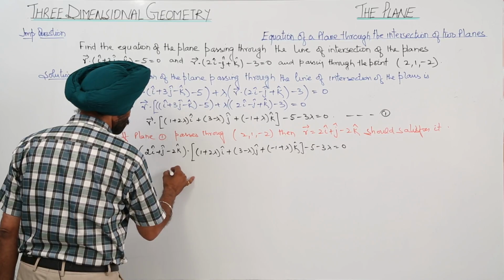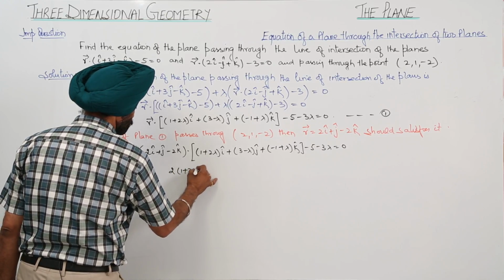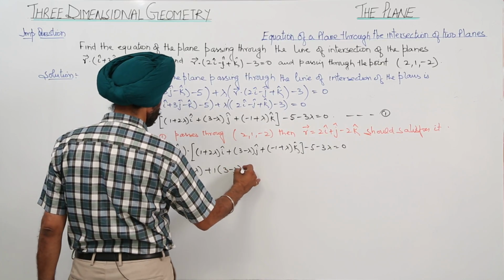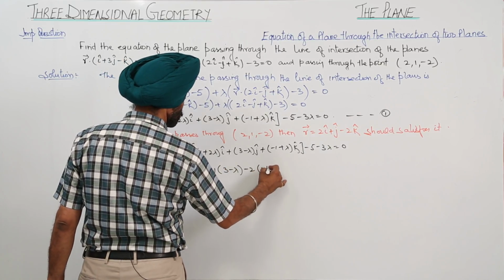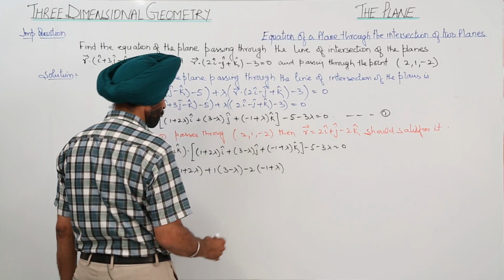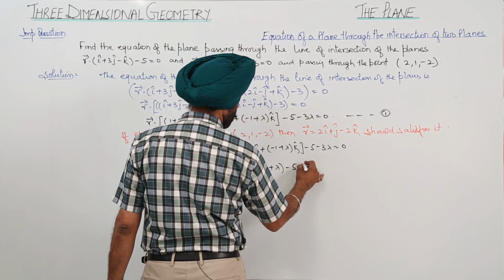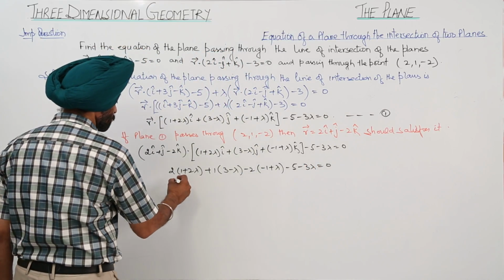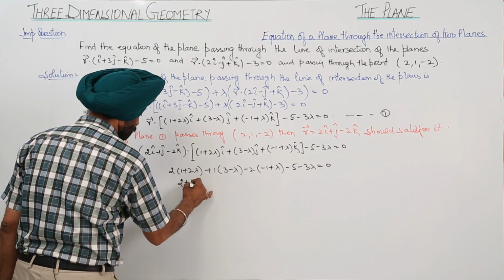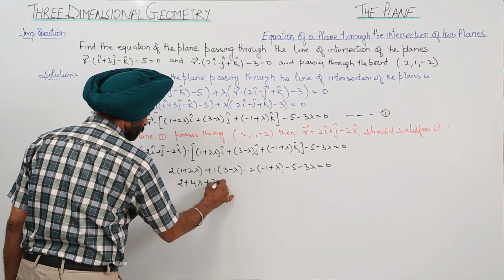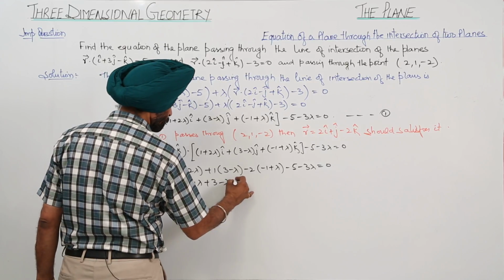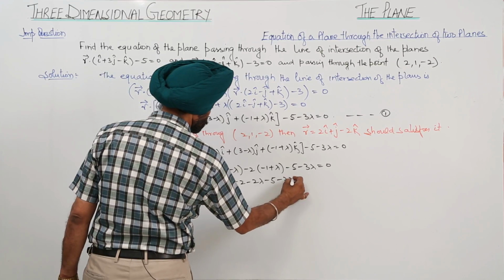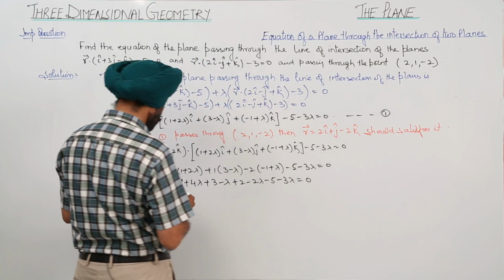Now this becomes 2 times (1 plus 2 lambda) plus 1 times (3 minus lambda) minus 2 times (minus 1 plus lambda) minus 5 minus 3 lambda is equal to 0. Now 2 plus 4 lambda plus 3 minus lambda plus 2 minus 2 lambda minus 5 minus 3 lambda is equal to 0.